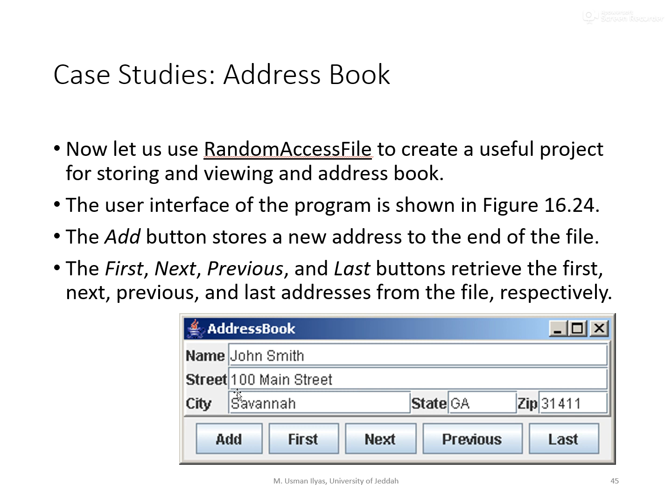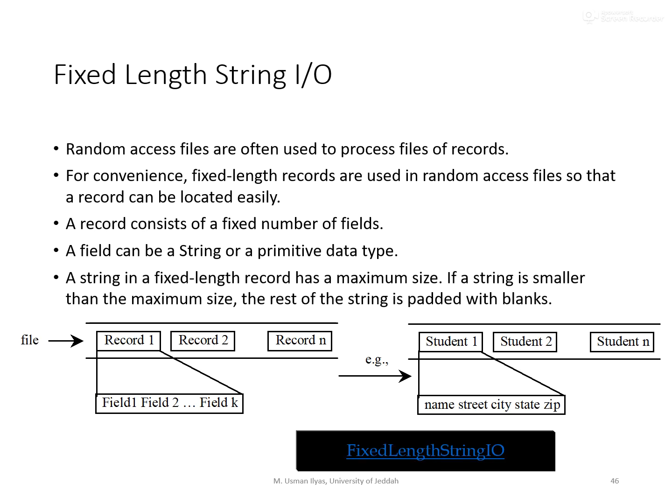We have a name, a street name, a city name, a state name, and a zip code. So these are all strings, and they can be of variable length. Now, in order to enable the use of this RandomAccessFile class, if we fix the size of each of these strings to a fixed number, then the size of each record becomes predictable and uniform. And that enables us to use a random access file.